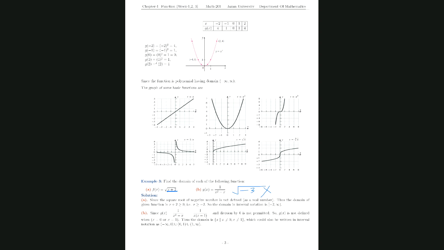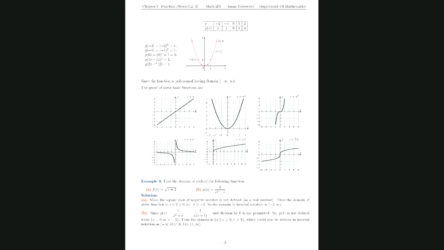The square root of a negative number is not a real number. Then what to do? How to find the domain of this function?